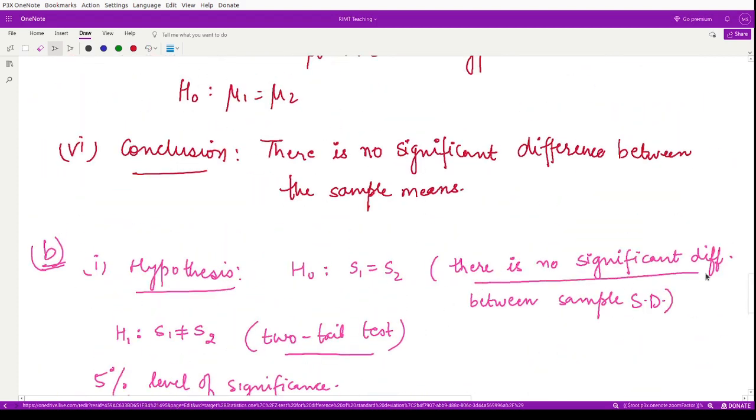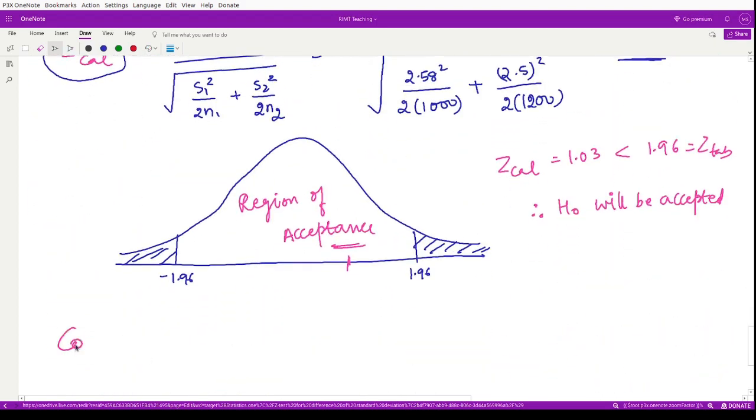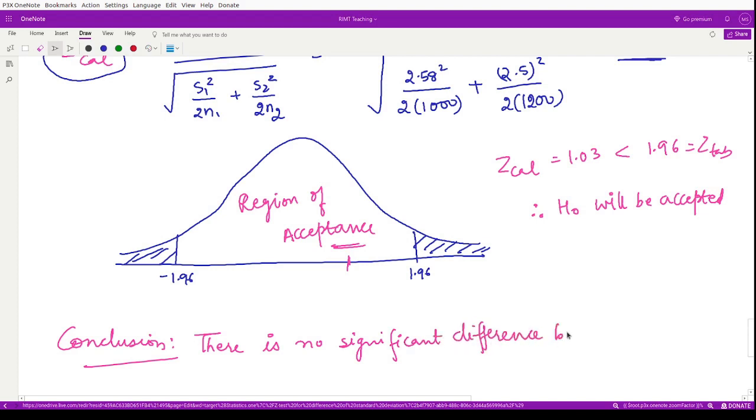That means there is no significant difference between the sample standard deviations. So the conclusion is that there is no significant difference between the standard deviations of the sample, right?